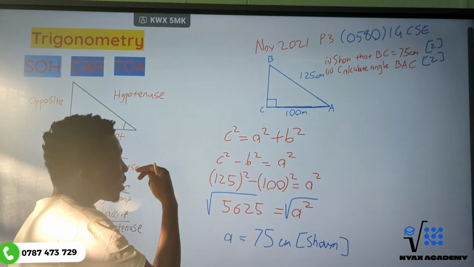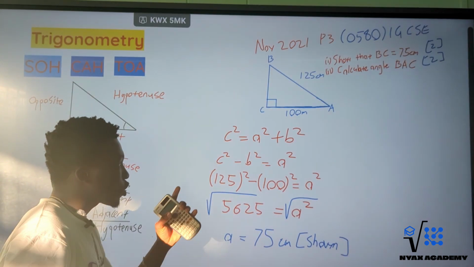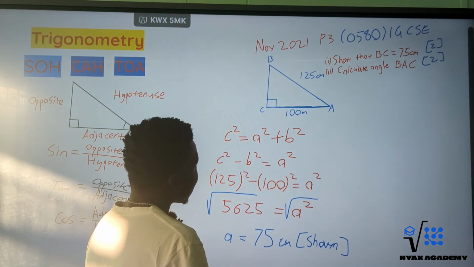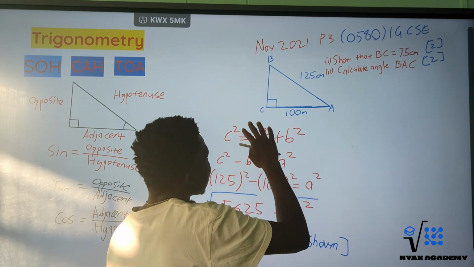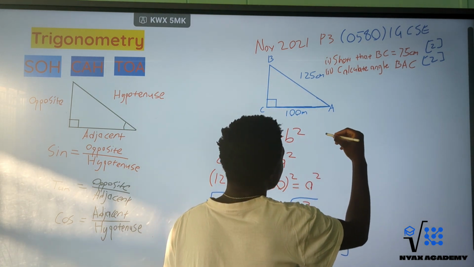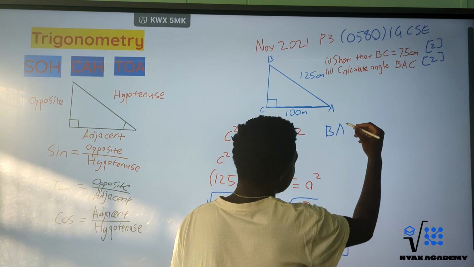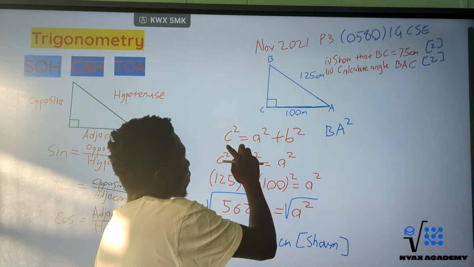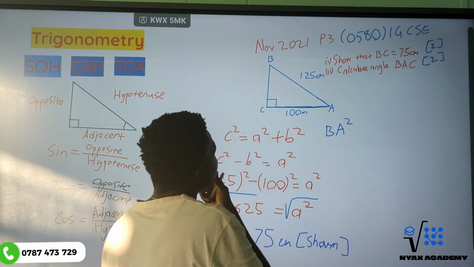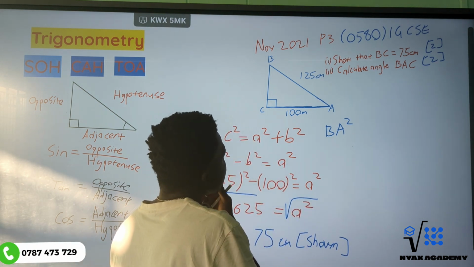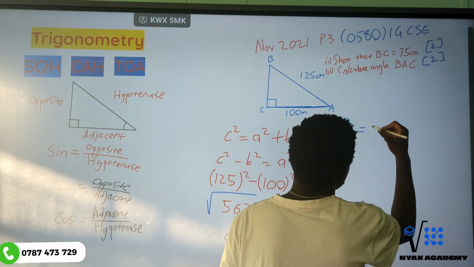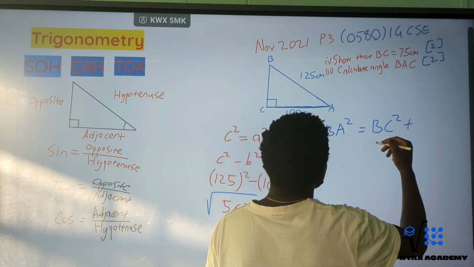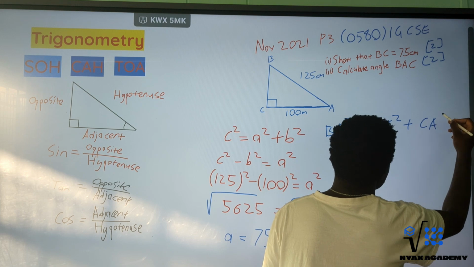Another thing I should have highlighted is that we could have tweaked this Pythagoras theorem to suit our question. For that instance, c was the hypotenuse, so we could have said BA squared, signaling the hypotenuse, is equal to BC squared plus CA squared.